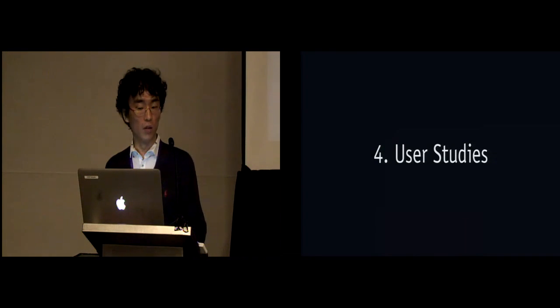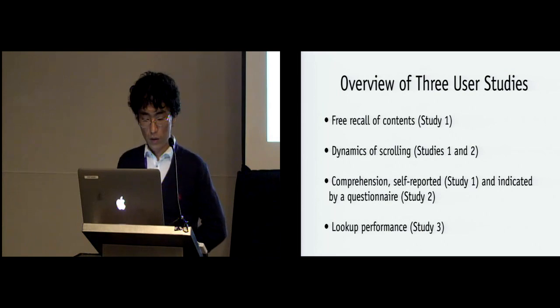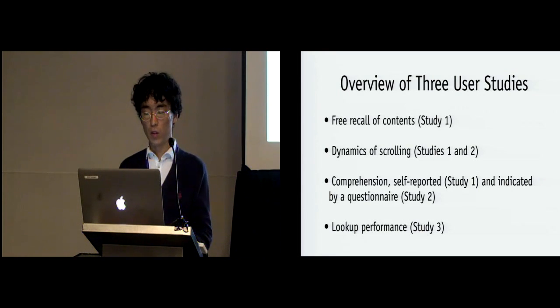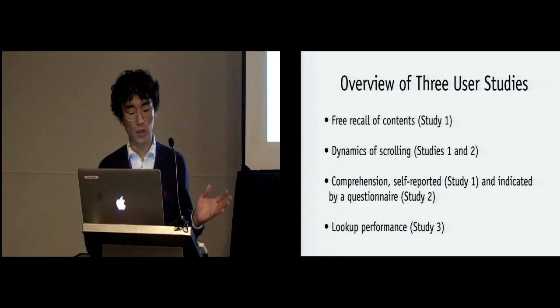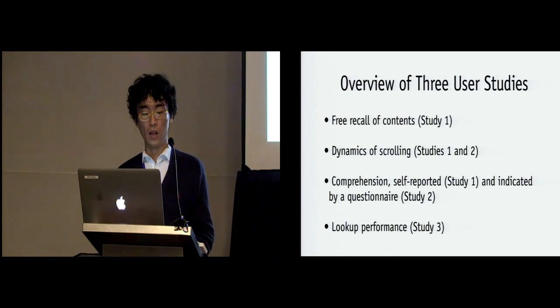So I have done 3 user studies. From those studies, we are trying to measure the performance of spotlights from many broad perspectives, like free recall, dynamics of the scroll, comprehension performance, and the performance of lookup tasks.